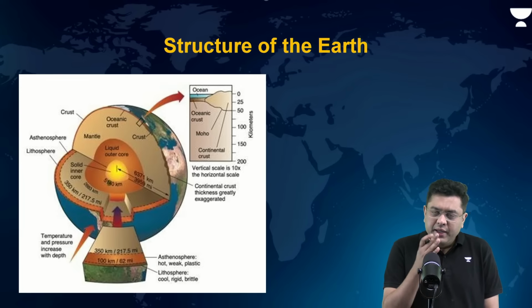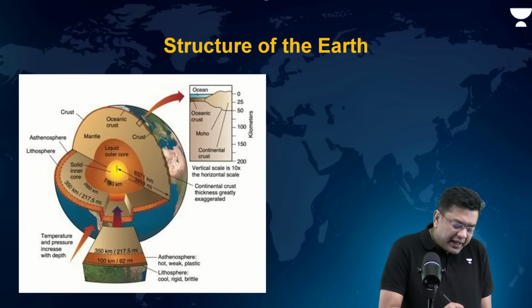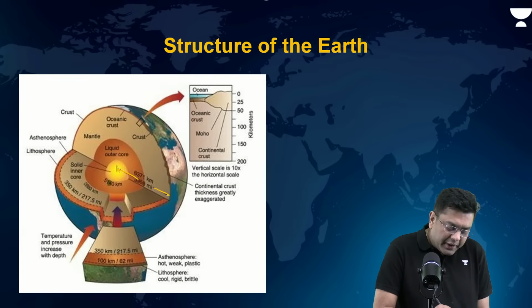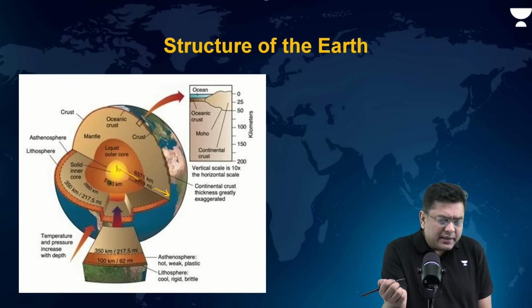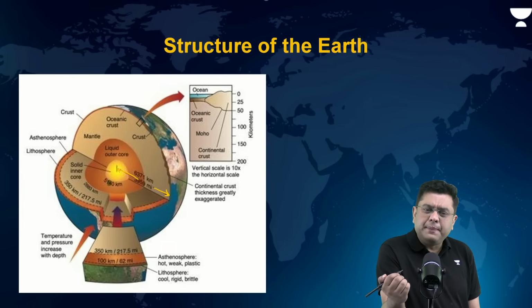If you consider the slice in the interior, average depth is roughly around 6370 kilometers. Now, you might have a query: you have said that the pressure is so high that the inner core is unable to expand and is unable to melt, then why is the outer core in a molten state?